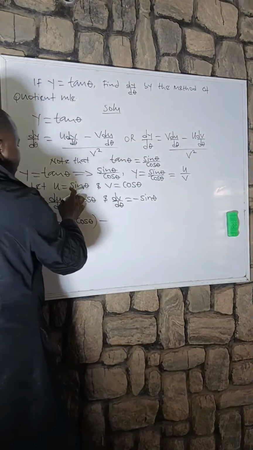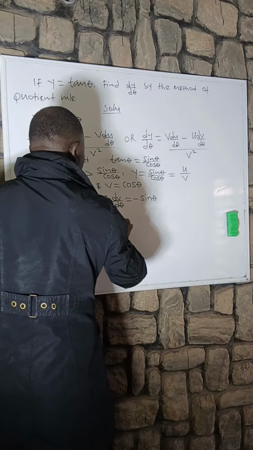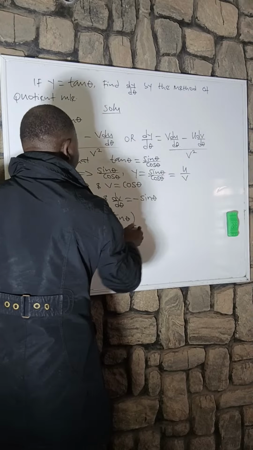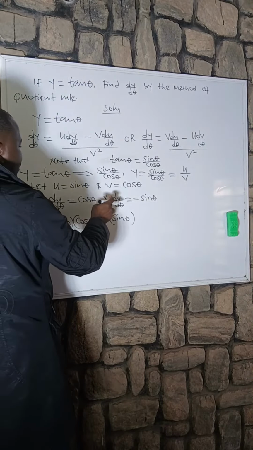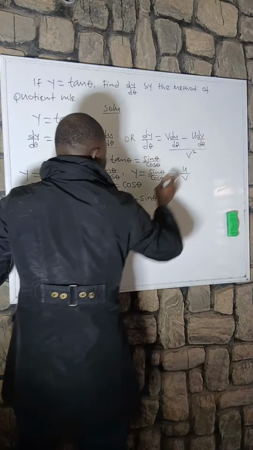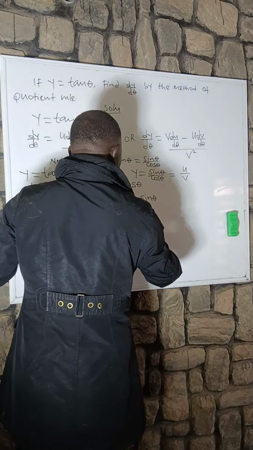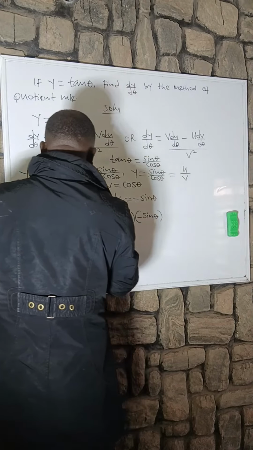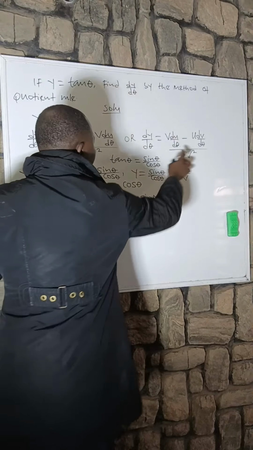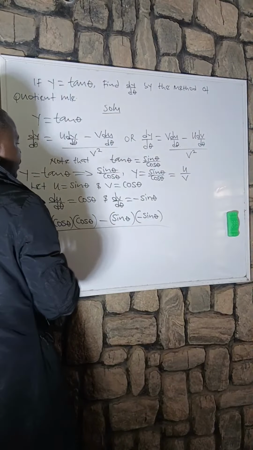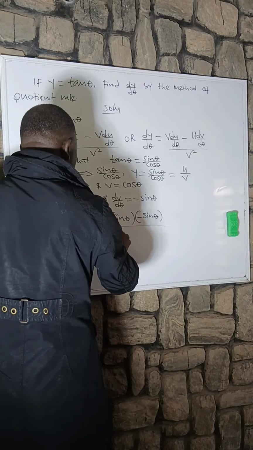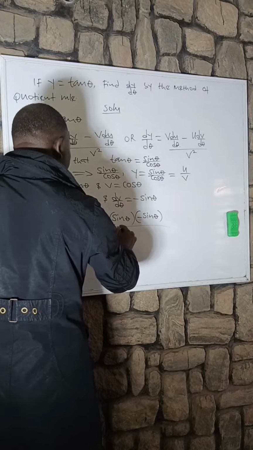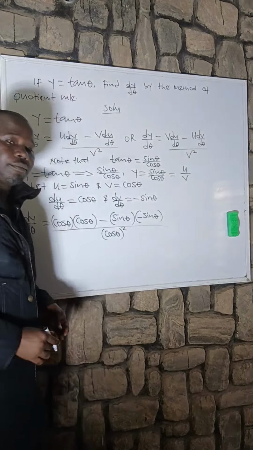Ordinary u is sin theta, times our dv all over d theta, which is minus sin theta. And all over v squared. So what is our ordinary v? It is cos theta all in what? Square. Amen? Do you agree with me?